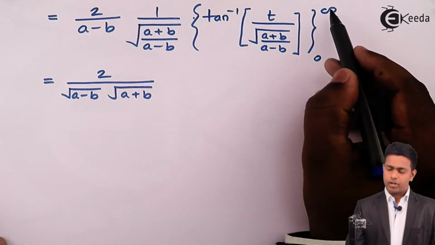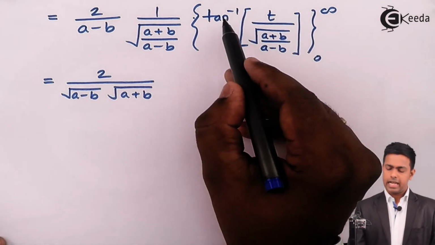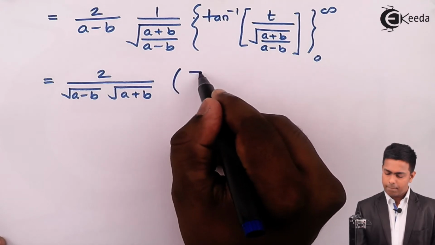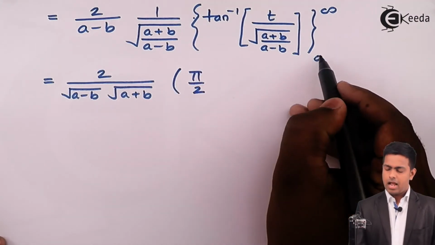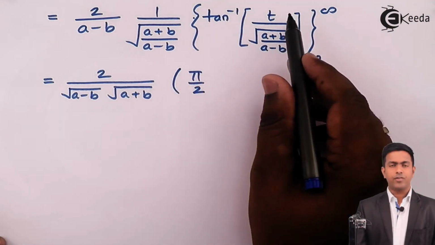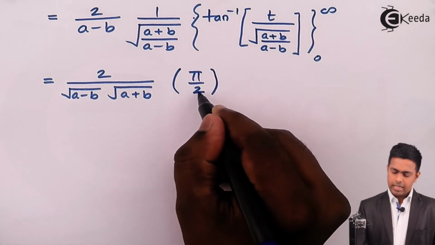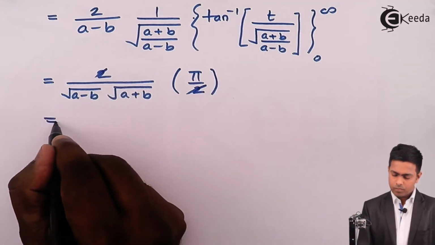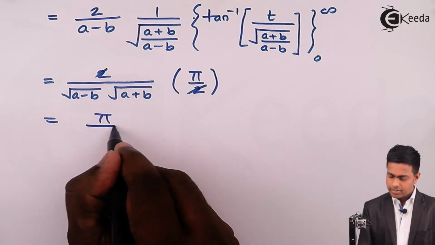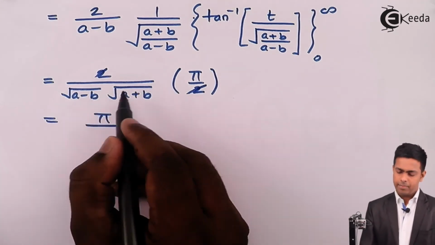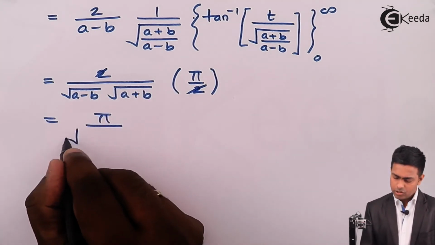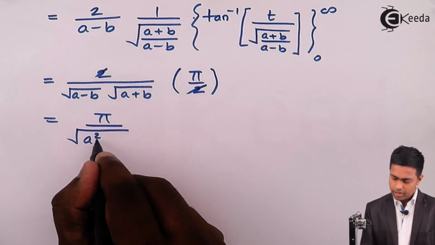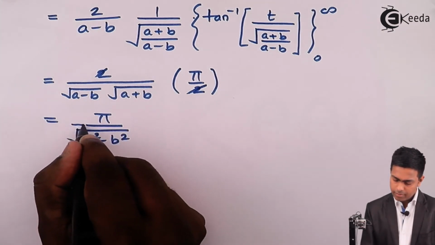Here we will put infinity, so we'll get tan inverse infinity as pi by 2, and when we put 0, then tan inverse 0 is 0, so no need to write. Then we can cancel this 2 and 2. So here only pi remains, and root of a minus b into a plus b is the square root of a square minus b square. This will remain.